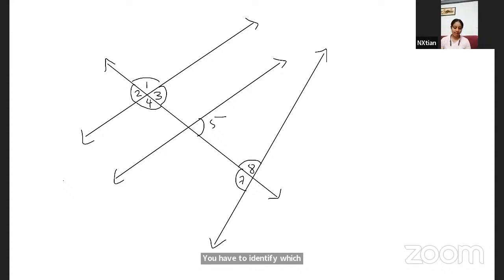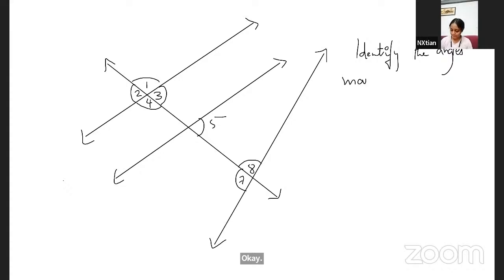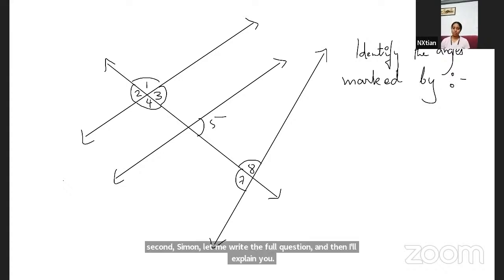Six is not there, because it's just four here, then five on the second line, and then two on the third line. Let me write the full question and then I'll explain how to do it.